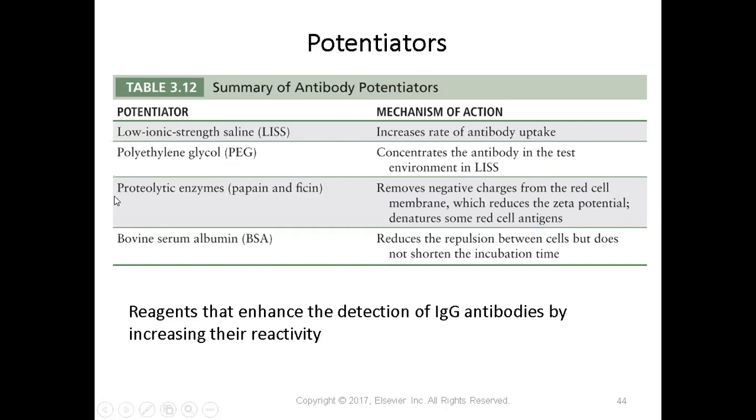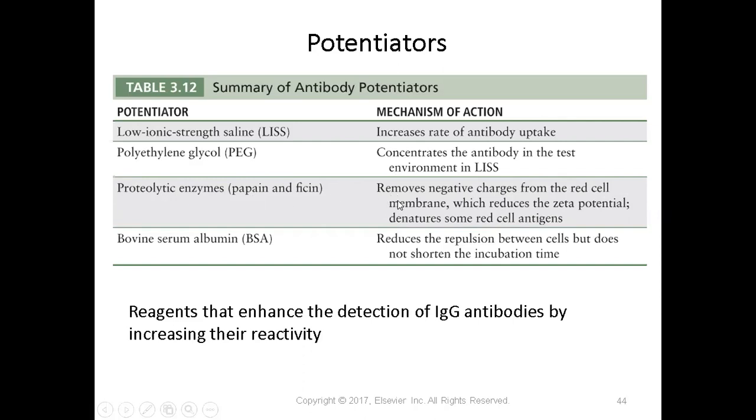So you can look at the description here and get an idea about how these enzymes work. So they basically break down proteins, and they remove negative charges from the red cell membrane, reducing the zeta potential. However, using these enzyme-treated cells, some red cell antigens are destroyed by the use of the enzyme treatment.